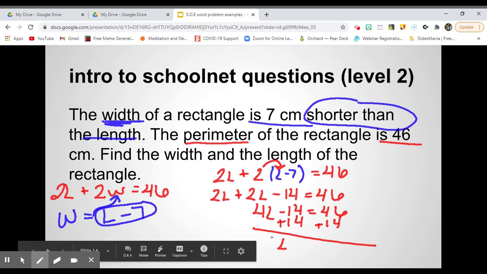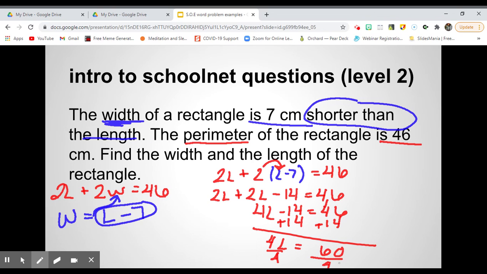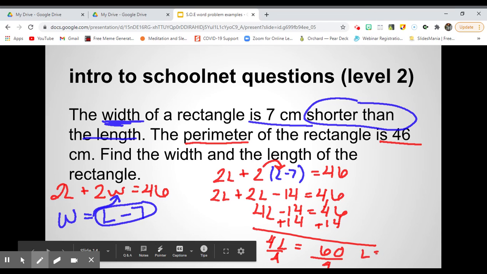We get 4L is equal to 60. Divide by 4 to find our L value in this case. And so L is equal to 15.